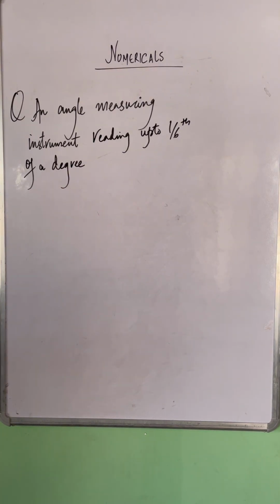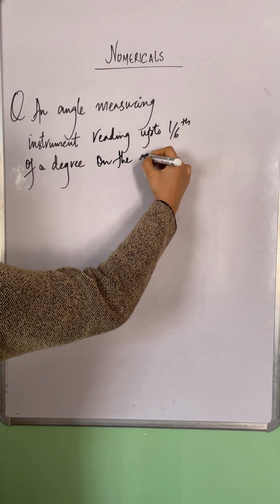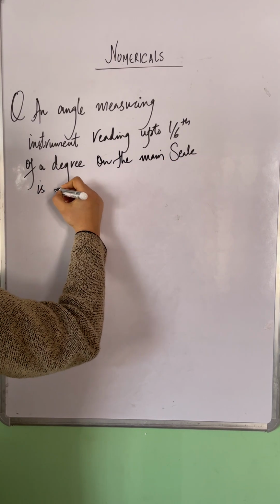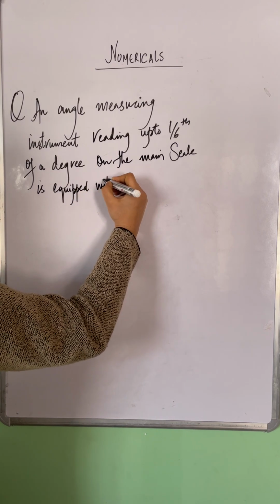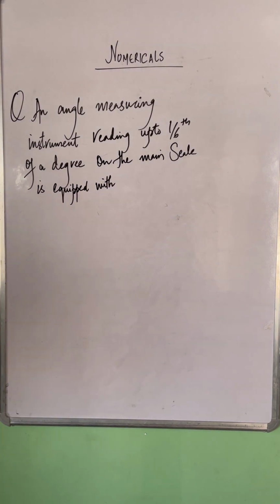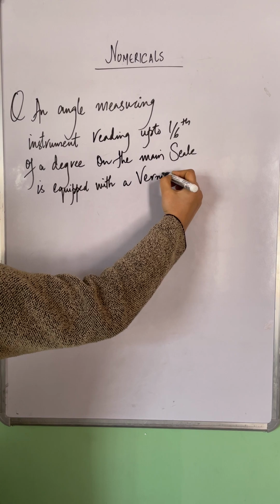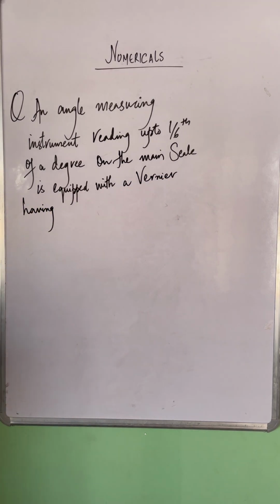And the main scale is equipped with a vernier having main scale divisions divided into 20 parts.